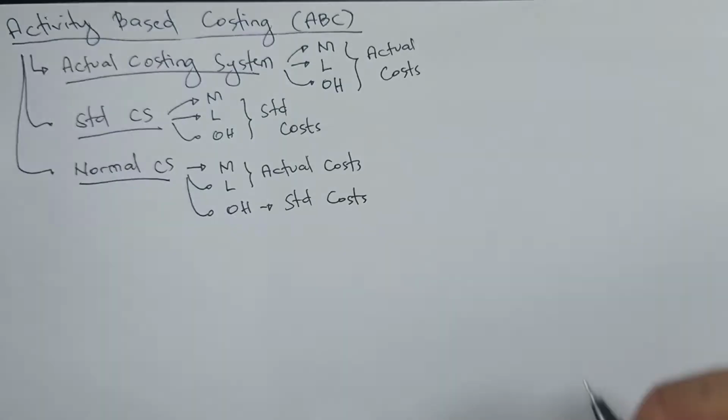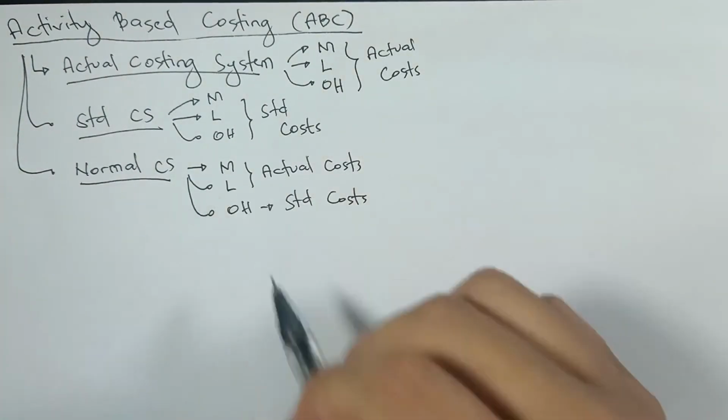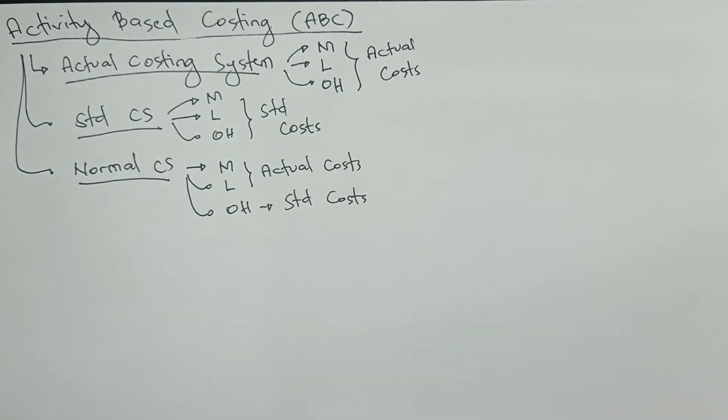Sir, bakit po ganun? Because ang material at labor, kayang-kaya mo nang makompute kung magkano ba yung actual cost niyan. Sir, paano po? Kapag material ang pinag-uusapan, you just have to look at the material requisition form. Sir, ano po yung material requisition form na yan? Material requisition form is the form we fill out every time na magpapasok tayo ng raw materials into the production.